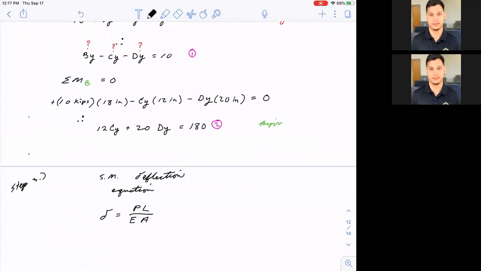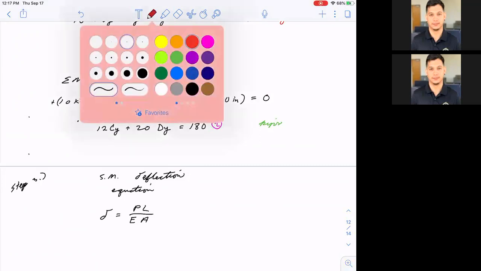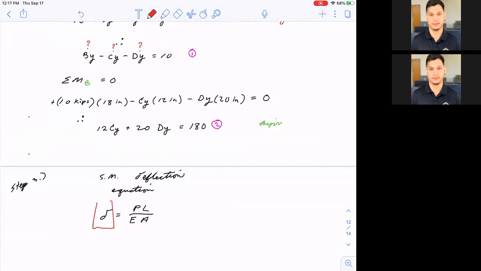And what's going on here? Why does it cover?